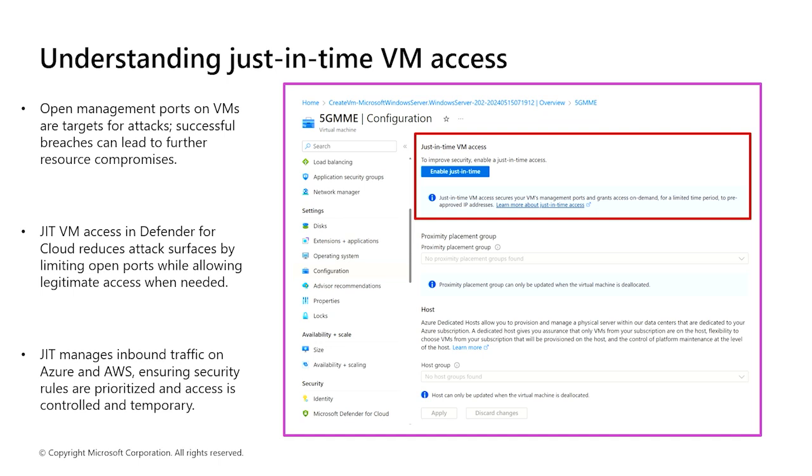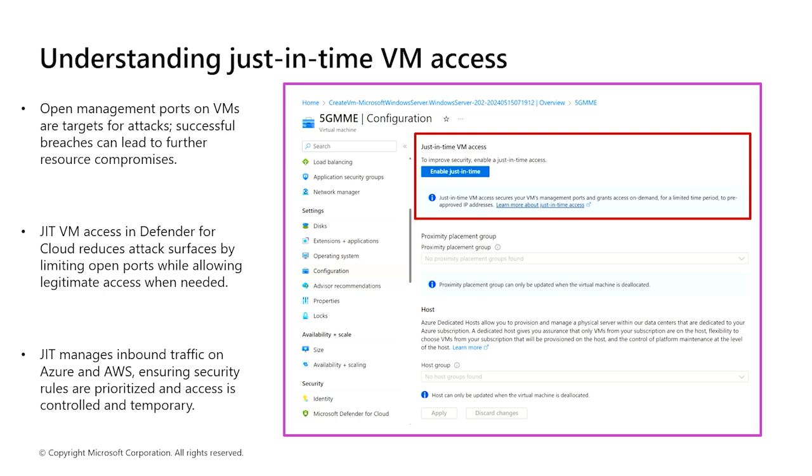JIT VM access can be enabled and managed through the Defender for Cloud portal, Azure portal, PowerShell, or the REST APIs. This flexibility allows administrators to integrate JIT access into their existing workflows and automation processes.